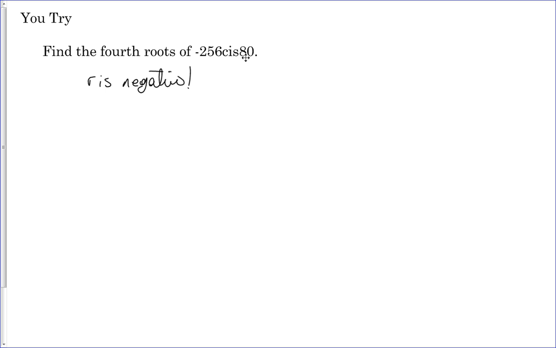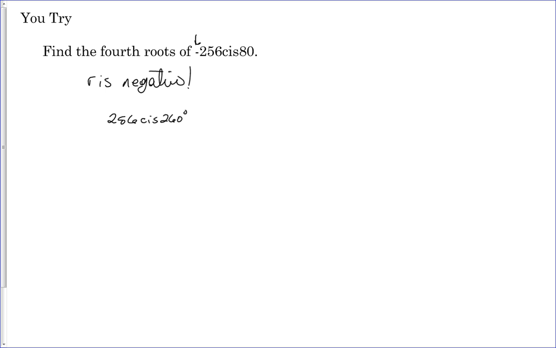Well, we want to add 180 to our angle and drop the negative. So we're going to have 256 CIS, and then 80 plus 180 is 260. So now we're going to do the same process we did before, but with 256 CIS of 260 degrees.